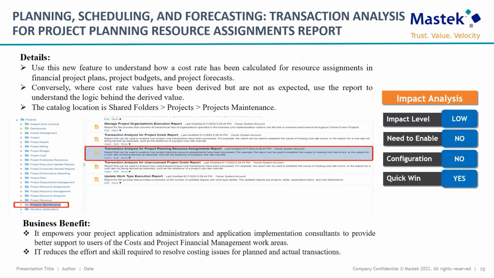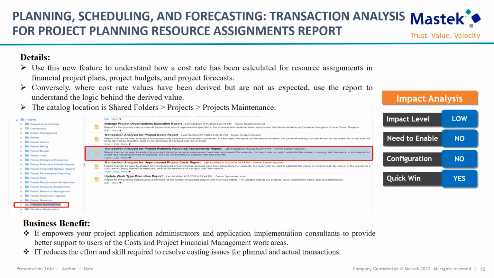Let's quickly move to the next feature, which is from planning, scheduling, and forecasting. The name of the feature is transaction analysis for project planning resource assignments report. This is really a good and effort reducing feature.